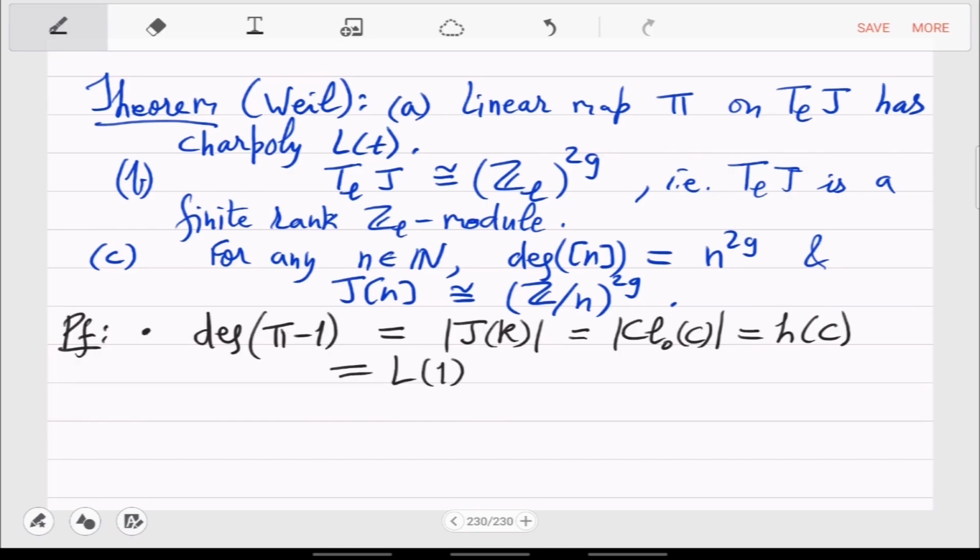This we have seen before. And L1 is the product of 1 minus alpha i, so I can actually reverse it also. Right, so the degree of pi minus 1 is the product of alpha i minus 1, where alpha i are the 2g roots of the L polynomial. This we have seen, this we know. So that's just a recall.